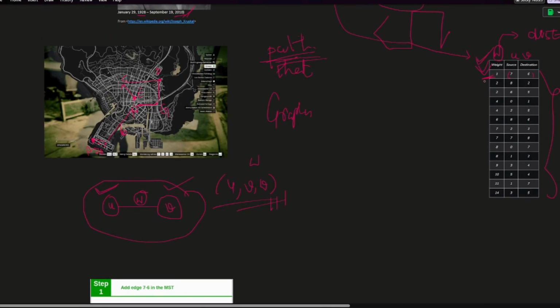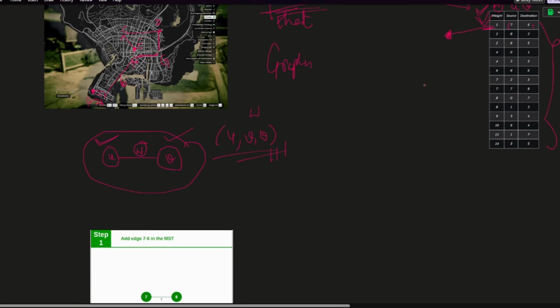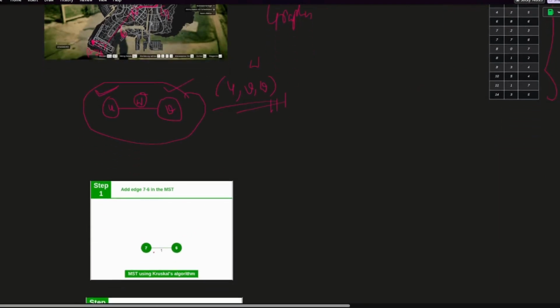So for those reasons, we will take the smallest weighing edge, or in simple terms, the shortest distance edge. I'm just going to write that 7, and then I have 6, and the weight, or the distance it covers, is just one unit.